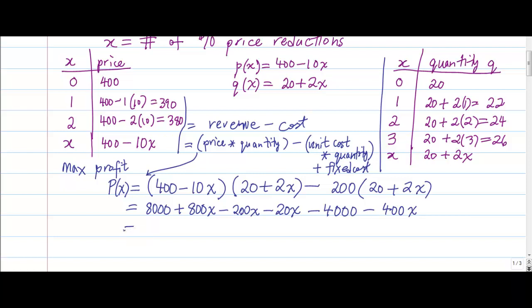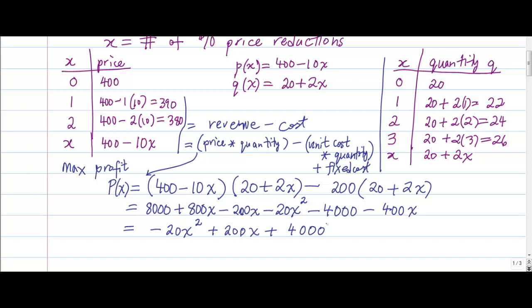Okay, so then when we simplify all of this together, we get 8,000, and there should be an x squared somewhere. Hold on. Should be 10x times 2x is 20x squared. Whoops, sorry. Alright, so by doing enough of these problems, I know they should be quadratic. So let's see, minus 20x squared, and then we have 800 minus 200 is 600, minus 400 is 200x, and then 8,000 minus 4,000 is plus 4,000.